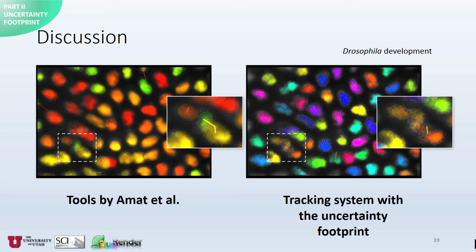The enlarged region shows that one cell was segmented into two parts. One part was incorrectly linked to a neighboring cell. The correct segmentation and tracking results are shown on the right. With the cell tracking system of FluoRender, we could obtain a 100% tracking accuracy for this dataset. We think that the uncertainty footprint played an important role to achieve it.